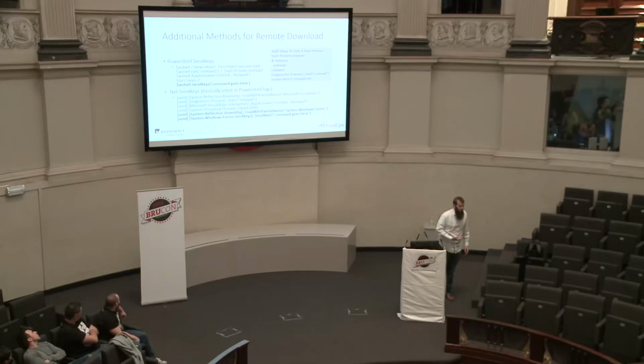So again, as a red teamer, there is value in going straight to .NET, especially if your target has these PowerShell logs. And as a defender, we need to realize there are a lot of ways to skin that cat, and we need to be aware of them and looking for them.